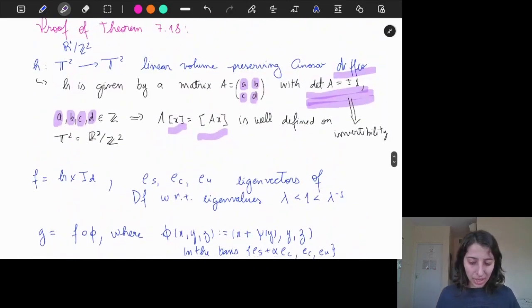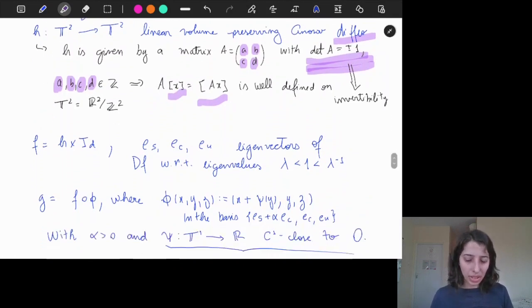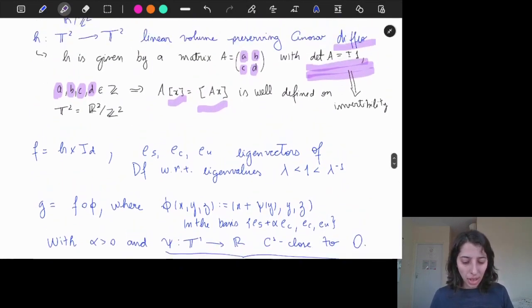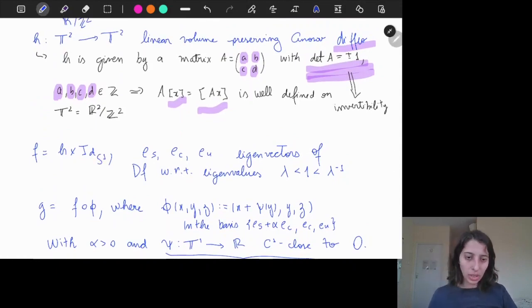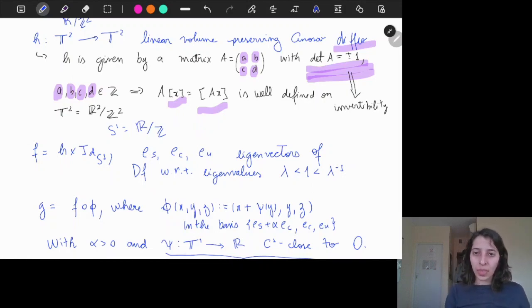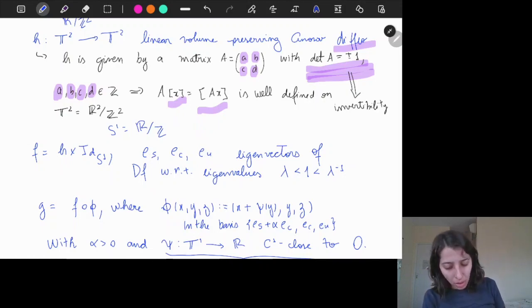And then we take this map H and define a product that is H on the first coordinate, and the identity on S1. S1 is R quotiented by Z. So this is a function on the 3-torus.